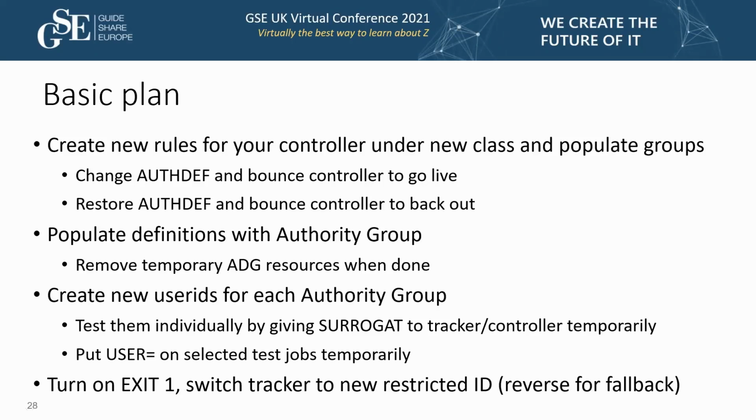So that's a very rough plan for how you get there. There are all sorts of auditing tools out there that will help you along the way. I'm not here to sell auditing tools, but there are all sorts of different ways you can find what access your batch jobs really need and hone them down and down, so that eventually each authority group only has the absolute bare minimum for what that particular piece of business needs to do.